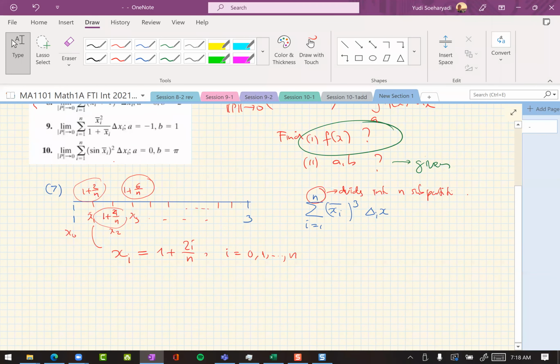All right, let's just write this down. So this limit is just the integral from 1 to 3, right? So it's given already.